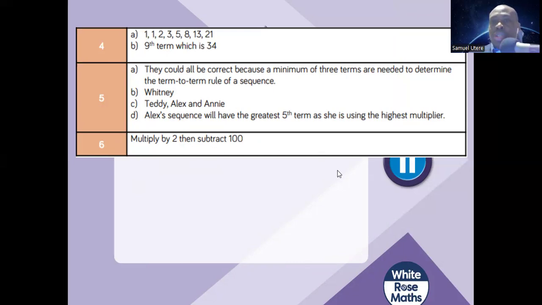Okay, that brings us to the end of our lesson today. So what we've learned so far is you can use words to describe the term to term rule that generates a sequence. Now, you can use a two-step rule to describe a sequence, and you can also use one step.